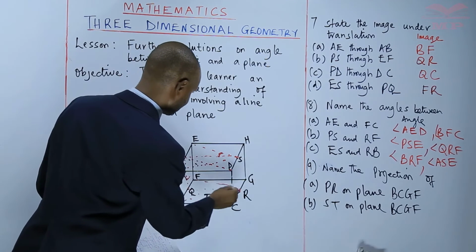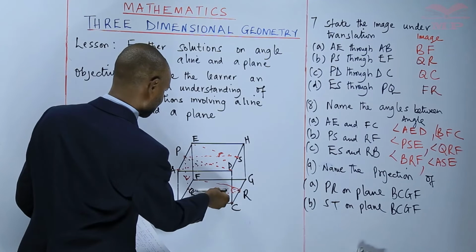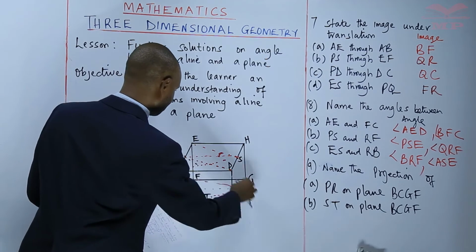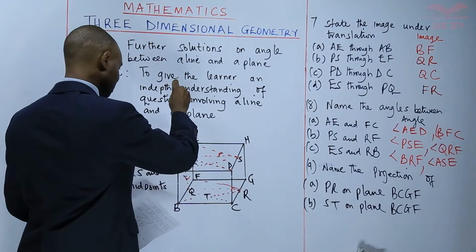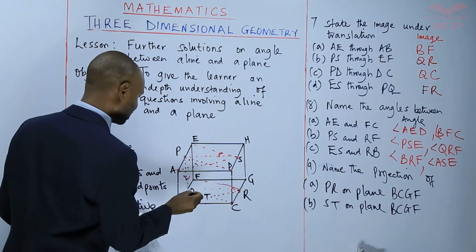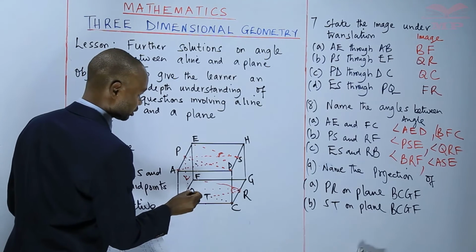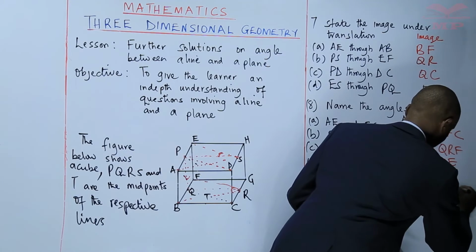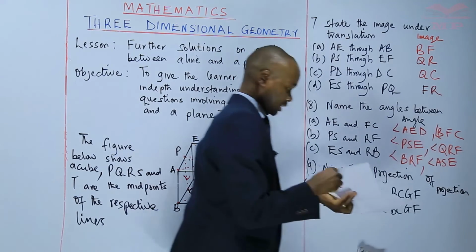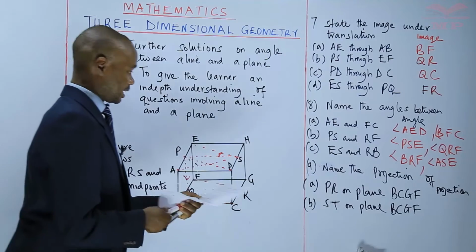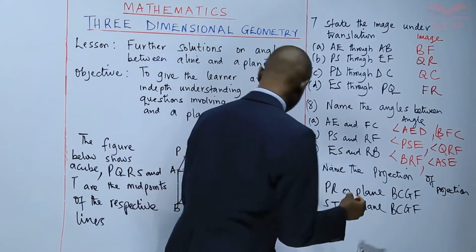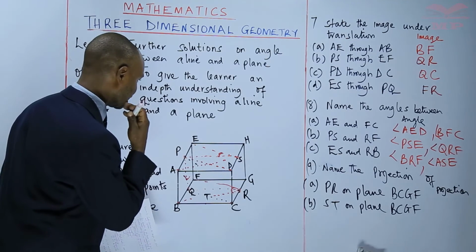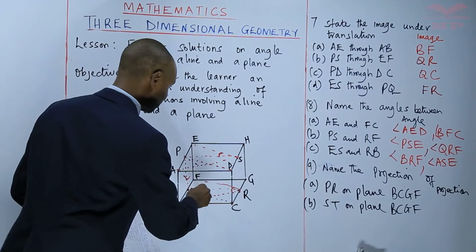When you project PR on that plane, the plane below, dropping a perpendicular, you land at Q. So the projection of PR on that plane will be QR.